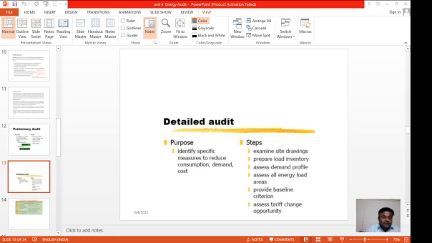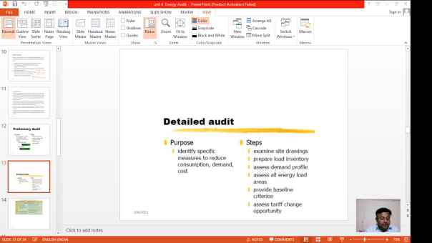In pre-audit, we have to make the preliminary arrangements, like collecting some data required while conducting the energy audit. For example, the password of some system, the username of some system. So such data should be collected.